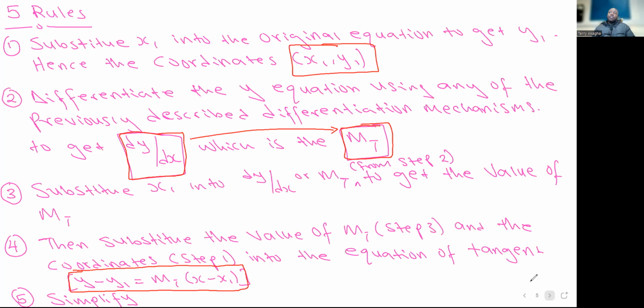First, you find the coordinates x1 and y1. You differentiate the original equation, substitute x1 to get the value of mt, then substitute the coordinates as well as mt into the equation of a tangent. Then you simplify and rearrange it in the form y equals mx plus c, or any of the equation of a line forms. All right, and that is that for that.